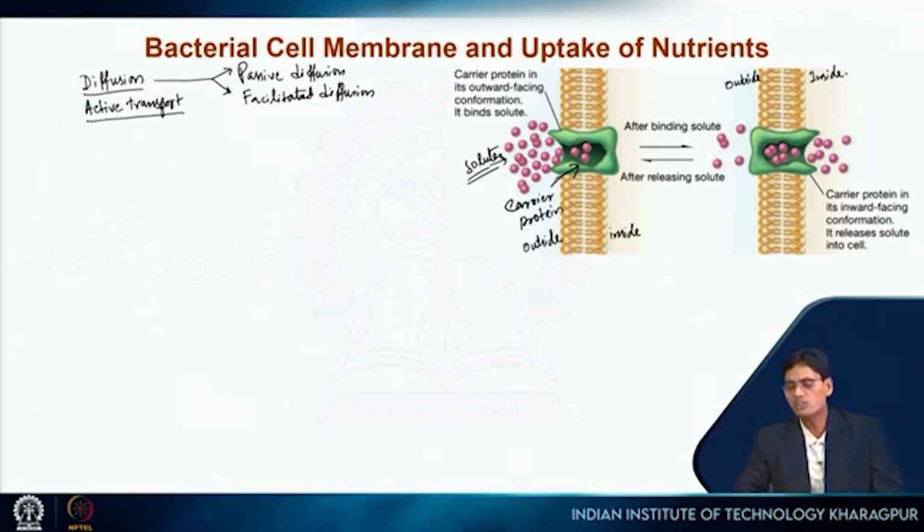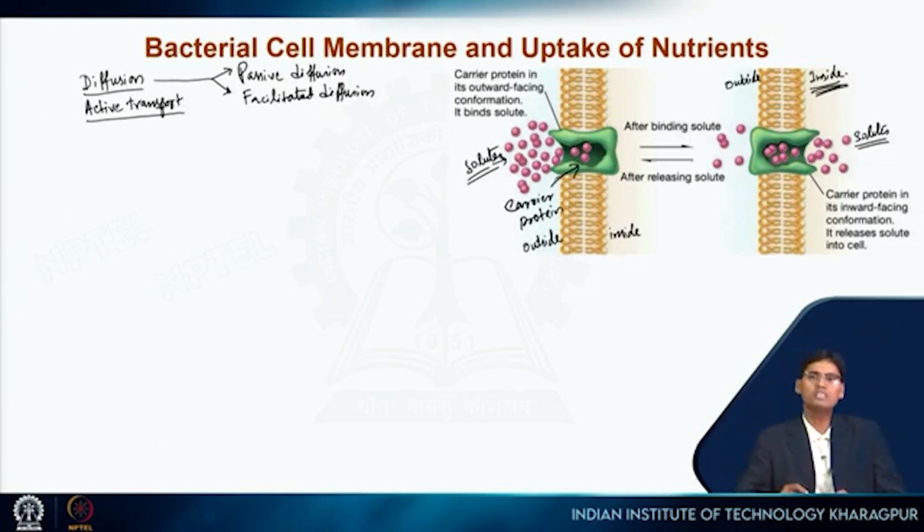After binding the solute, the conformation changes, and the carrier protein releases those solutes inside the cell. So this is one mechanism where no energy is required, but this is facilitated diffusion, not normal diffusion, right? Here the carrier protein is facilitating this process.